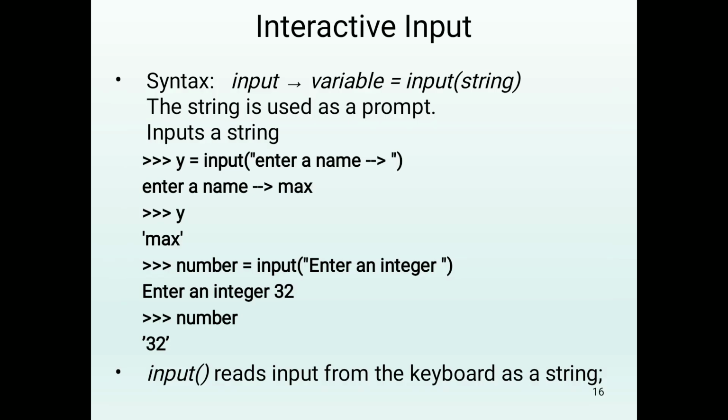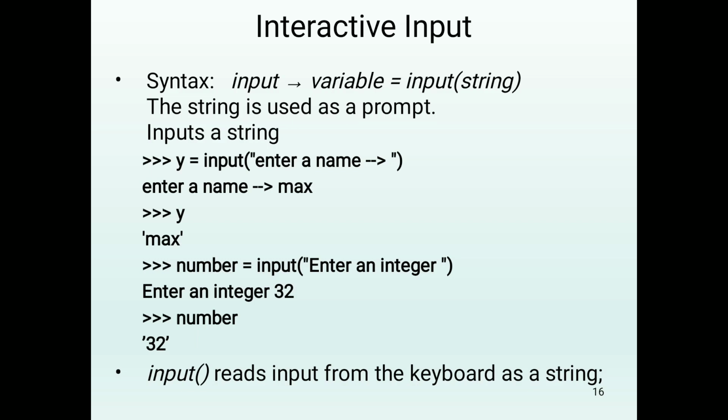Here is how we can take interactive input. In C programming, you use scanf statements for taking input from the terminal. Here in Python, what is the statement for taking input? That is quite simple: input, with brackets. Whatever you type, that time it will accept your value. For example, the syntax is variable equal to input of a string. Another example: y is equal to input of enter a name.